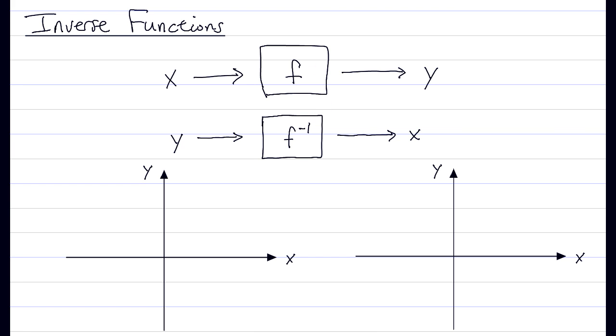Now, when can we be sure that this function f has an inverse just like this? Because that might not always be the case. We use something called the horizontal line test.